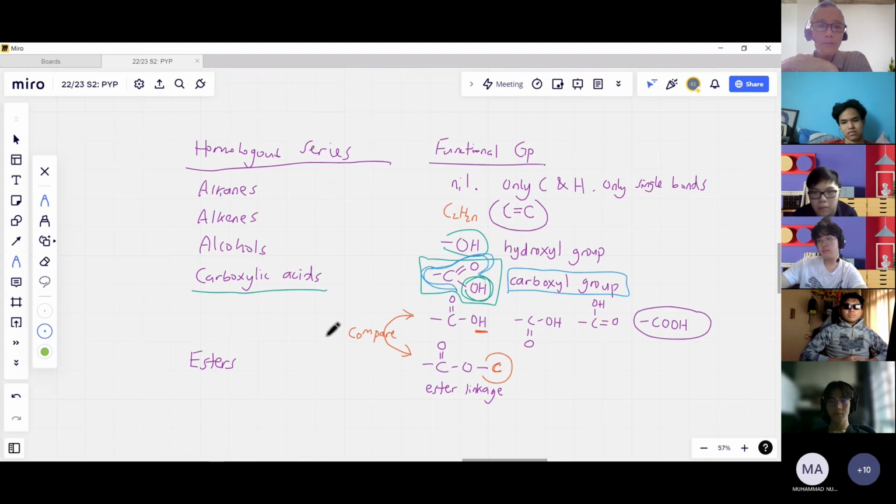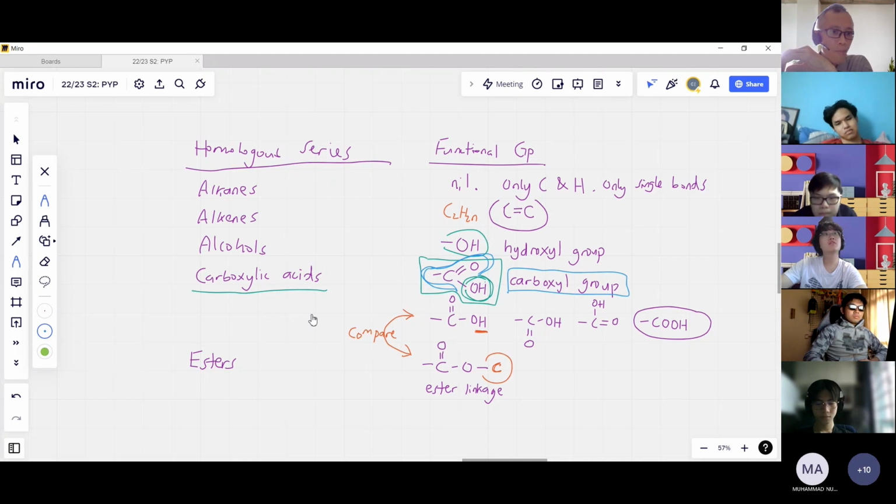Okay, let's go on. Now, let's look at our homologous series again. So far, we have 5 of them. 1 and 2 are covered in your N levels, but of course I revise them a bit over here. 3 and 4 and 5 are in your current PFP syllabus.